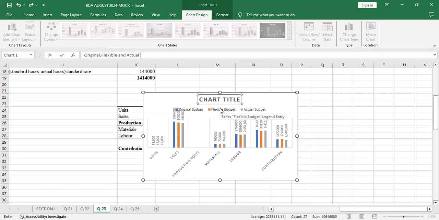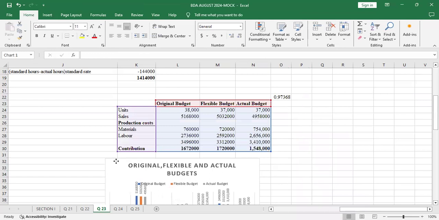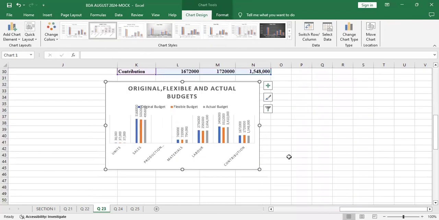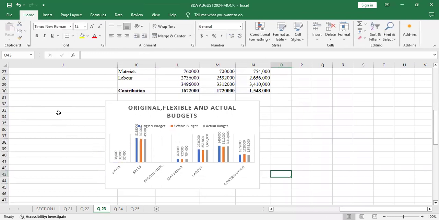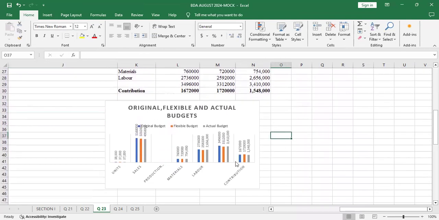That's the title of your graph. Then you can just drag it and place it down here below. With that, you're done with the question. So that's how you're supposed to do this question.